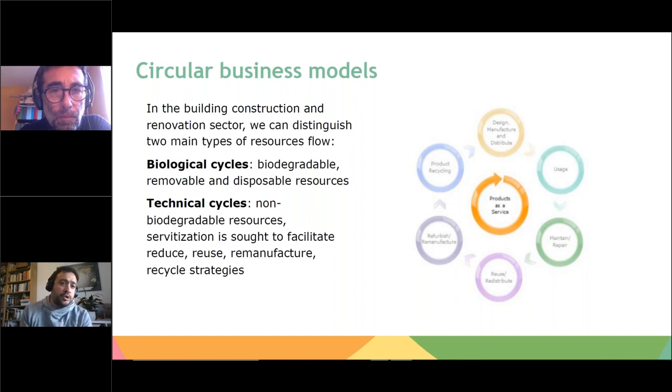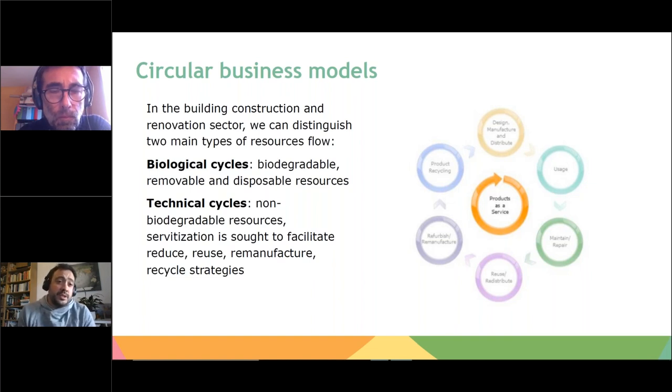One would be the biological cycles, in which the materials used are biodegradable and removable and disposable. So in this case, the main goal should be to ensure that the biological material is returning to the environment in a sustainable way.